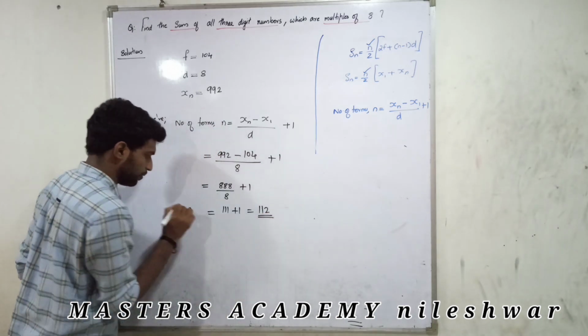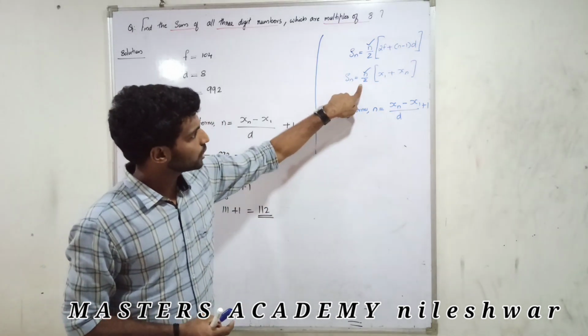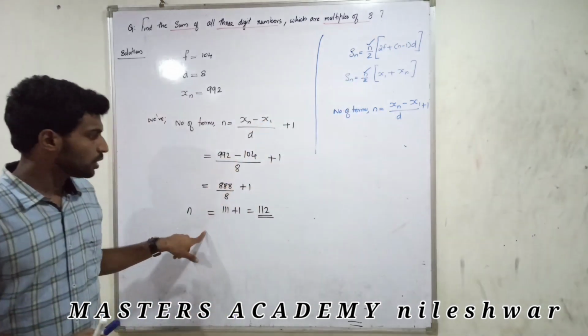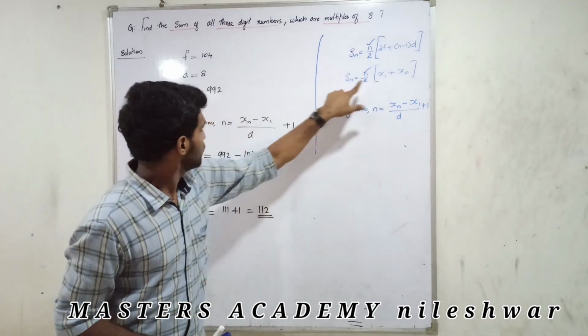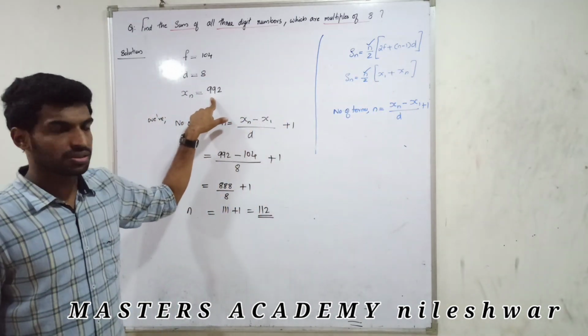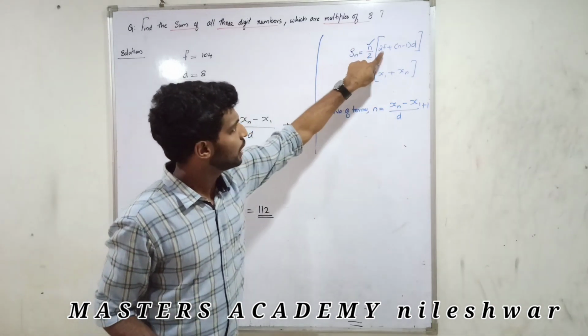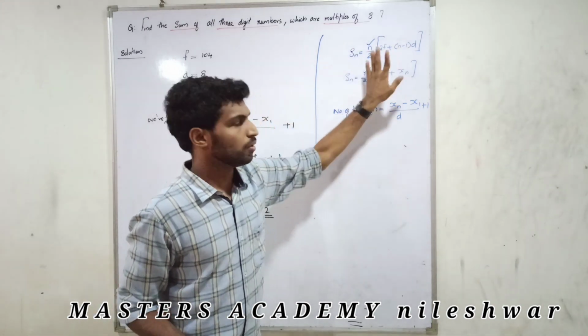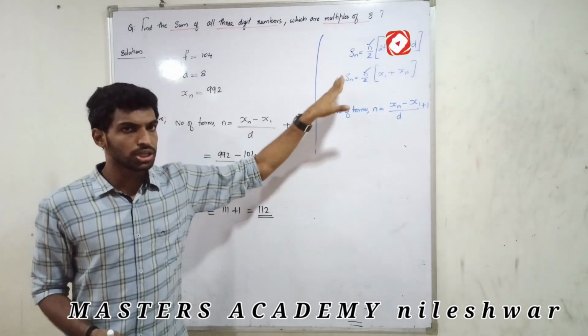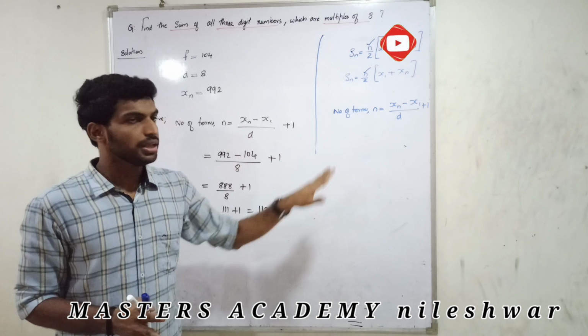So this is n. If we apply the second equation, n we already got as 112, x1 the first term is 104, xn the last term is there, all the items are there. If you apply the first equation, n is 112, first term we have, d also we have. So now we can apply either of the equations. For the time being I am applying the second equation.